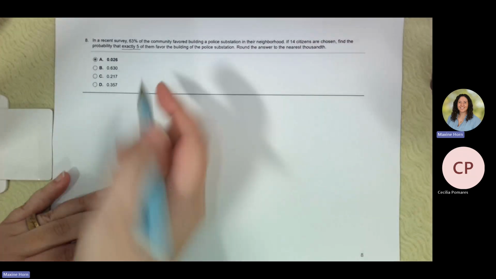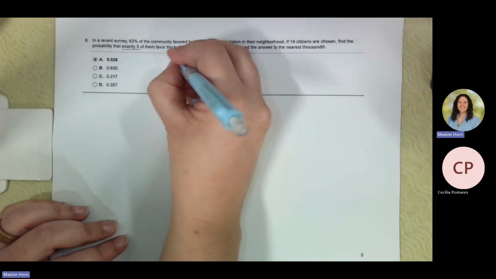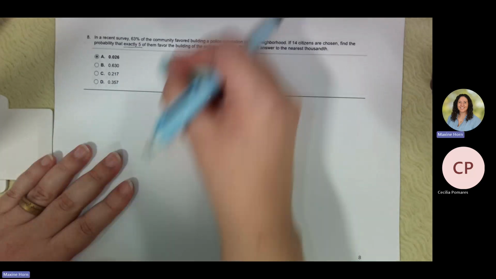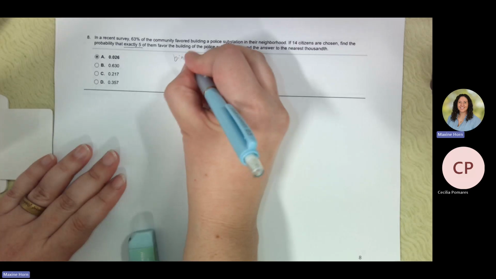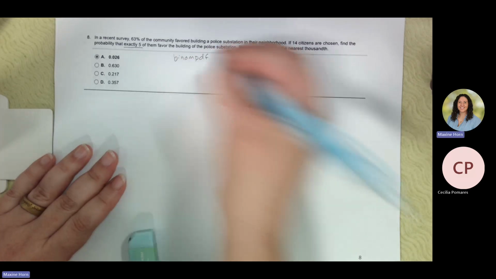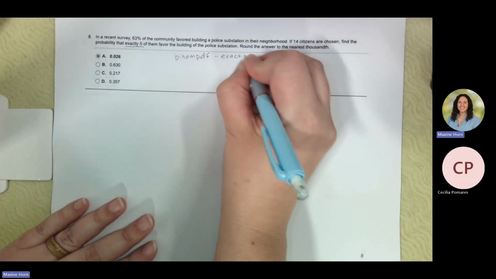We're trying to find the probability of exactly a certain number of things happening. So we're going to be using binom PDF in the calculator. That's what we use when we're looking for an exact value.